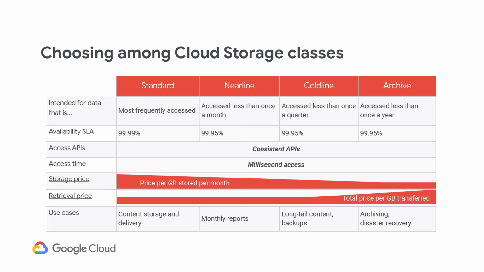Now, one important thing that you will notice here is the access time and the access API are the same across all classes. There is no such thing as waiting 2 hours for your archive data to be available or changing your APIs and programmatic interface to be able to access those different classes. All of them are accessed with the exact same APIs, and all of them are retrieved in a matter of milliseconds.